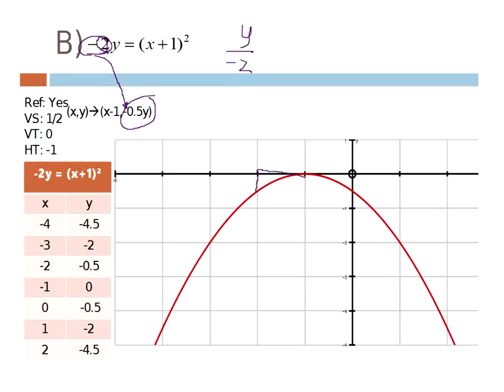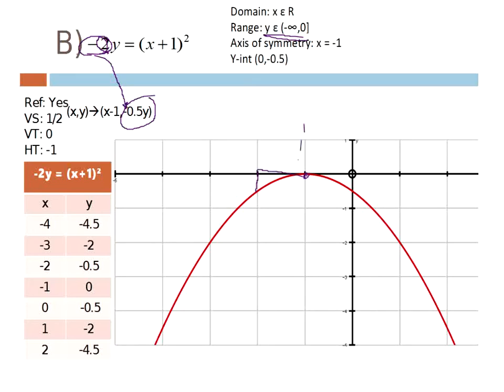So this graph is wider now and pointing downwards. And that pointing downwards is going to change these values here. You can see that the range now is -infinity, because the graph starts down here, -infinity up to this maximum value of 0, and that's why the range looks like this.